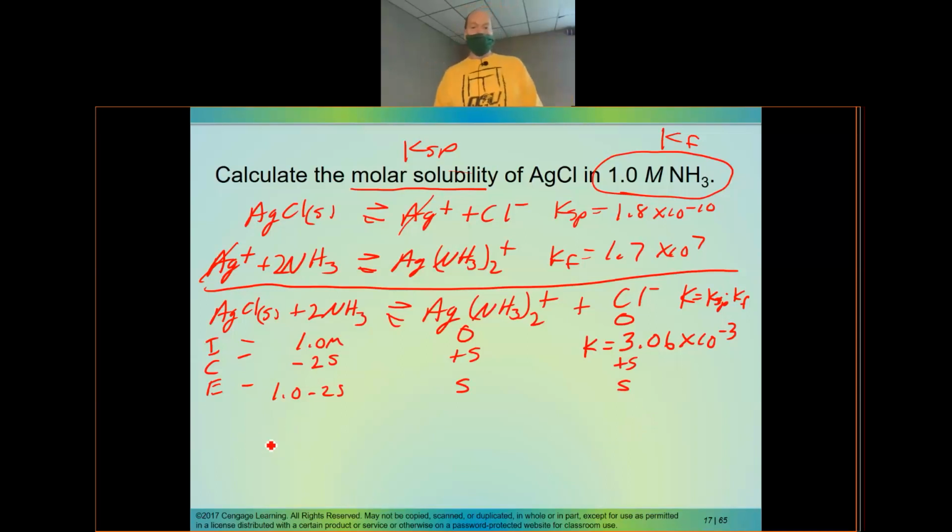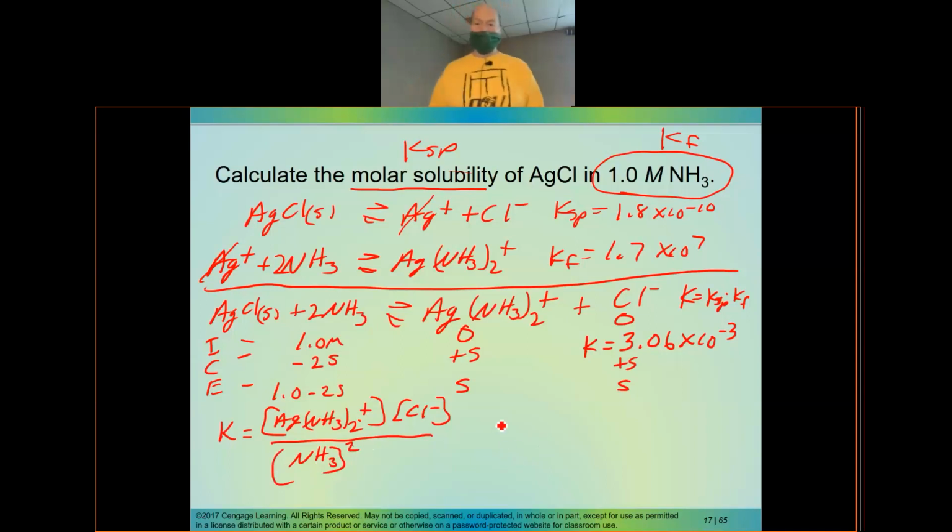All right, and so when you write your K, it is equal to your Ag(NH3)2+ concentration times your Cl- concentration divided by your NH3 concentration squared.